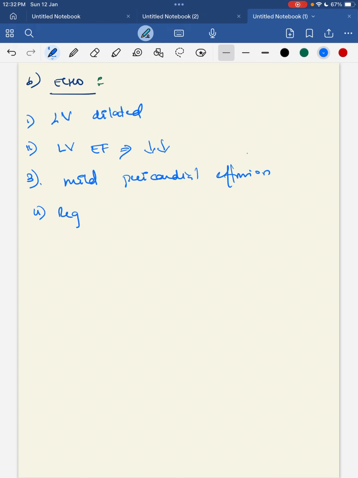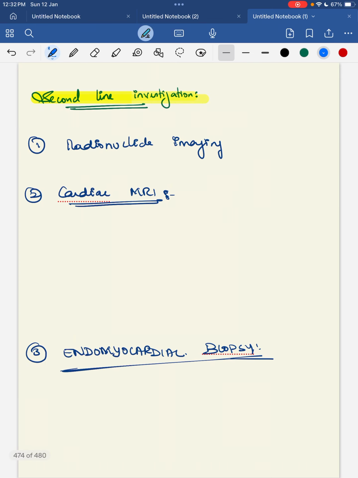Second, for characterization of the pathology. Next, for performing guided endomyocardial biopsy. So these are the main things for which your cardiac MRI is useful.